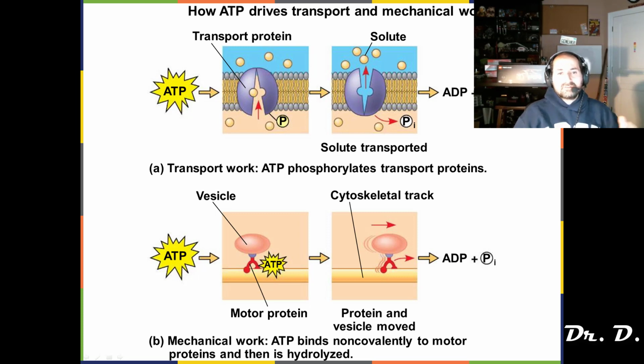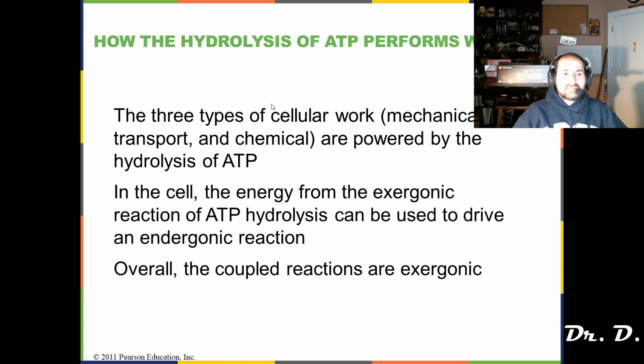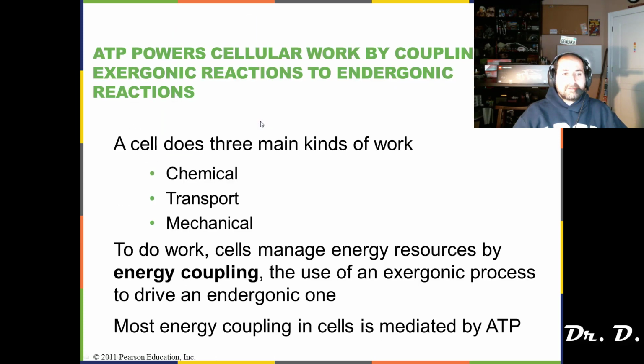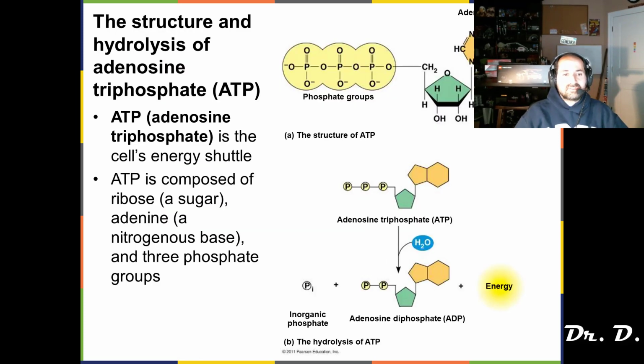This is usually how the cell powers these types of things, whether they be, like I said earlier, chemical work, transport work, or mechanical work. ATP is the universal molecule that allows those things to happen. It's not 100% of the time, but cells usually use ATP to make those types of things happen.